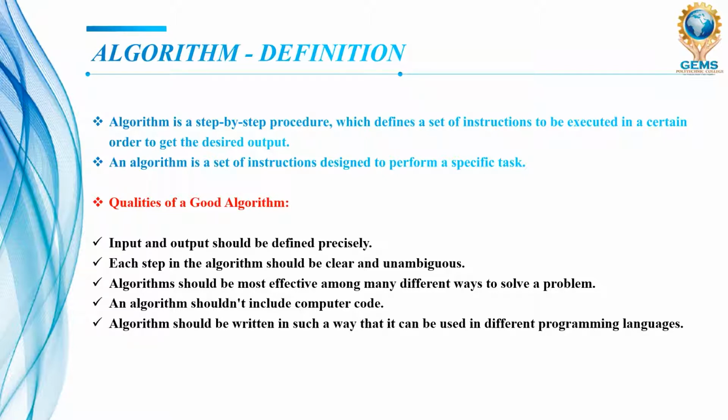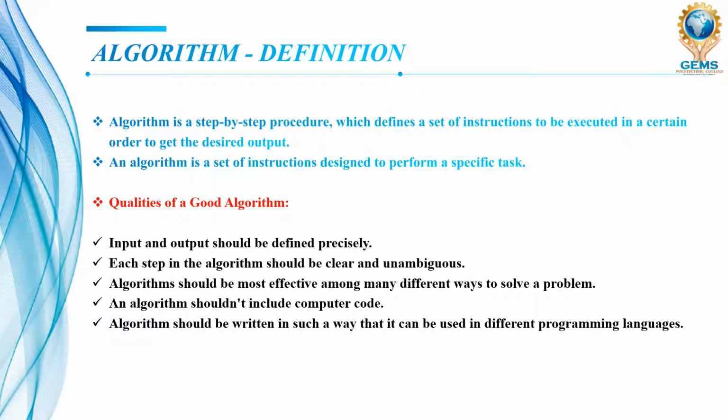So algorithm means it's a step-by-step procedure which is used to get a desired output. In other words, it's a set of instructions which help us to perform a specific task.